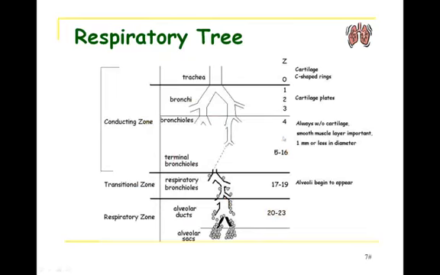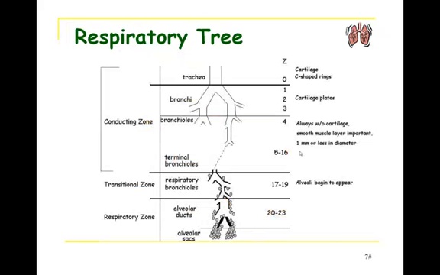So I want to go through what's in your notes, this picture here, that goes through the different components of the respiratory tree, which they call the tracheobronchial tree. As the air comes in, it flows through a series of branching airways.